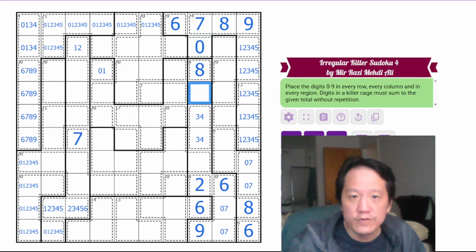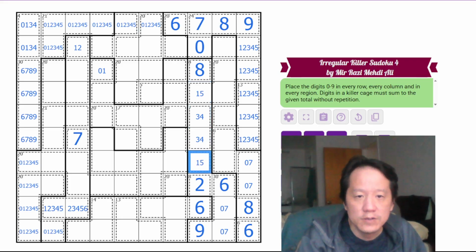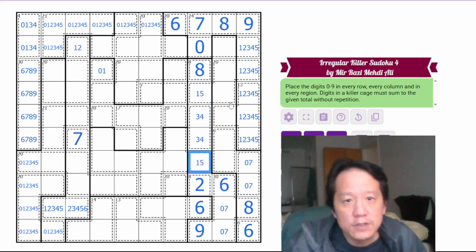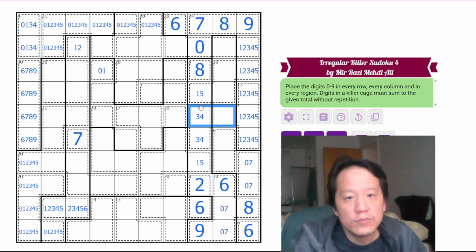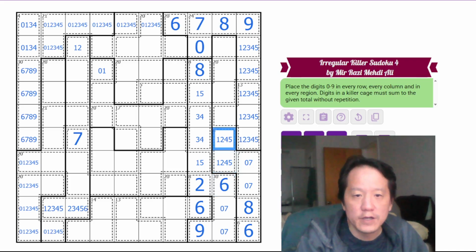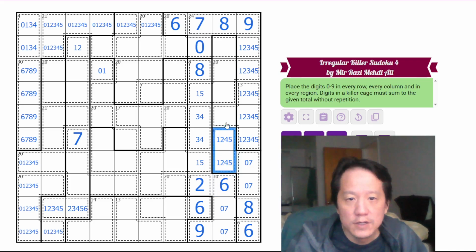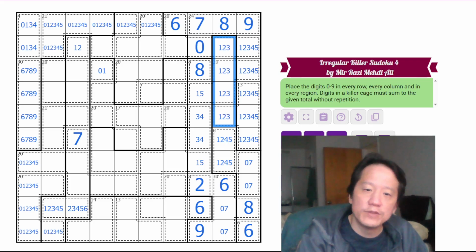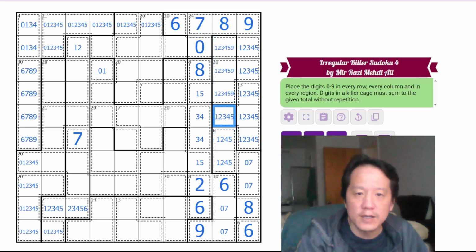This becomes a 1, 5 pair here. These must be 1, 5 or 2, 4, adding up to the total. 9 cannot be here. These digits remaining are 1 through 5 with 9. 9 can't be here.